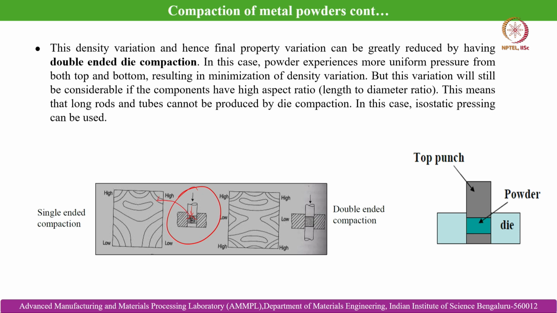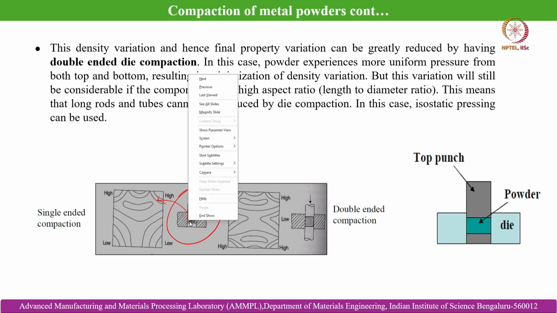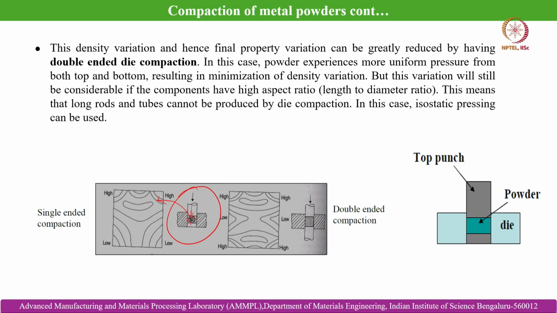Because of the lesser pressure transfer towards the bottom, the density is much lesser in the bottom part of the powder aggregate, which is compacted in uniaxial compaction by a single ended compaction.